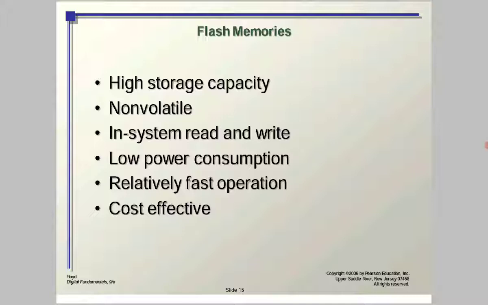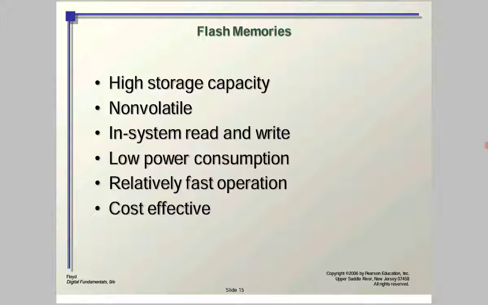In-system read and write: generally flash memories have two types of parts. The first is the flash drive and the second is the flash card. By using a USB device we simply insert the flash memory chip or flash card into the USB device, and we can read, write, delete, and update.